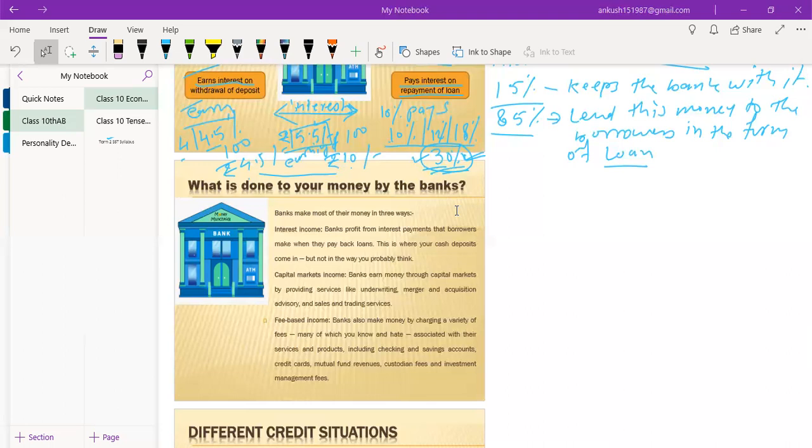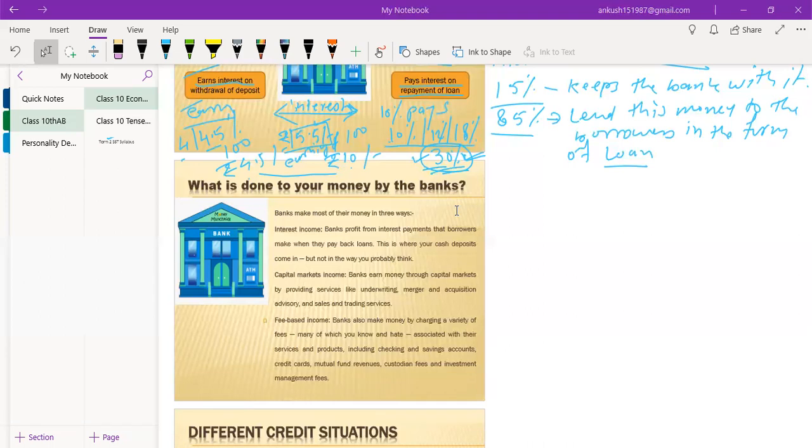At a time, you cannot withdraw more than 50,000 in cash. If you want to withdraw more than 50,000, you would have to produce your PAN card. Even if you have to deposit more than 50,000, again you would have to show your PAN card to the bank. It is mandatory.